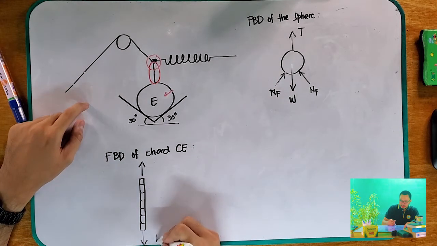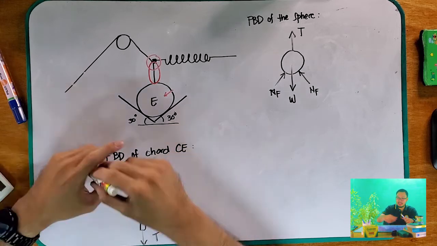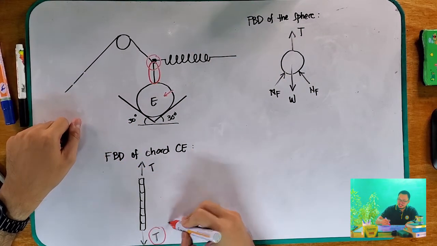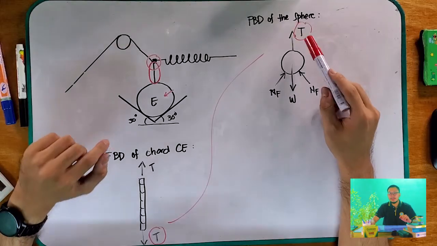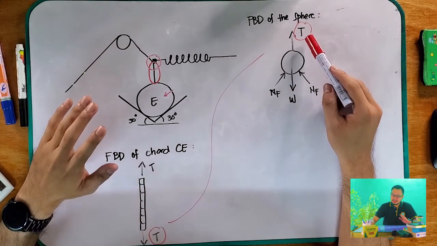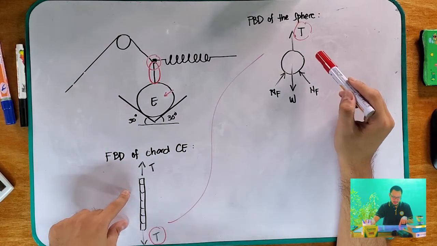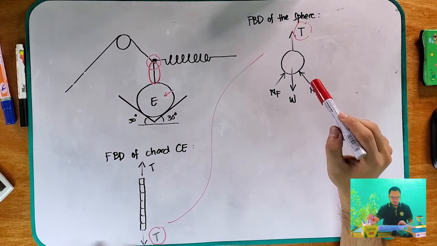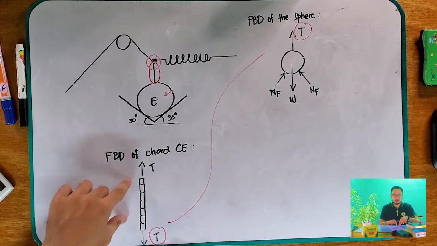And we have a magnitude of T. Actually, this magnitude of T is just equal to this magnitude of T. Why? Because this T here means the tension pulling your sphere by this chord CE.